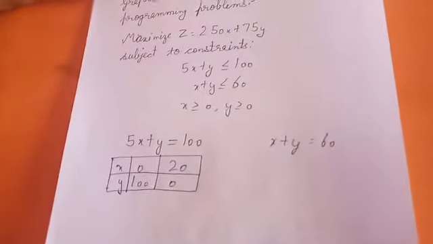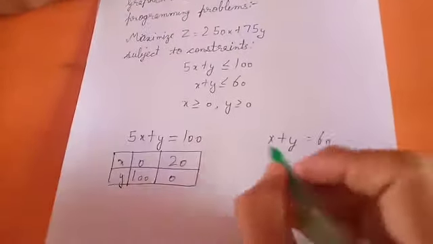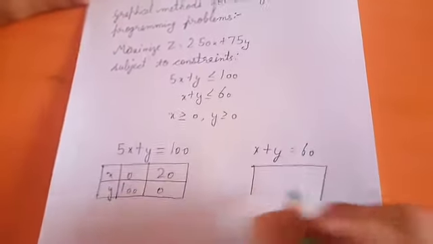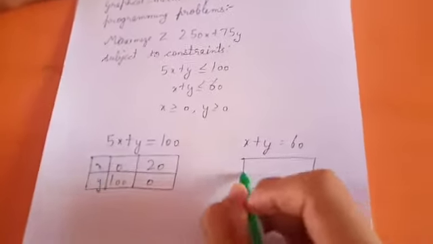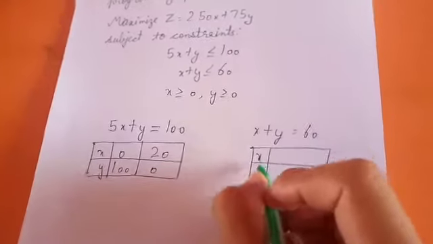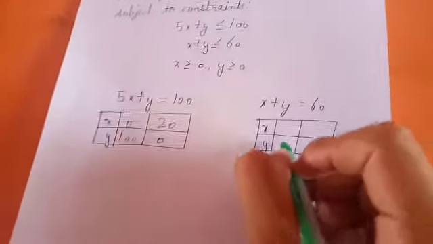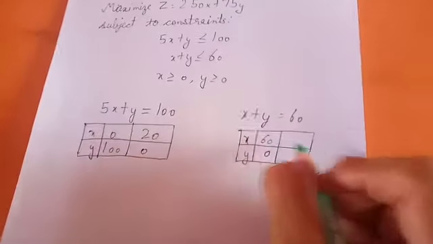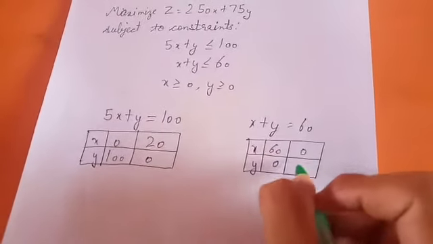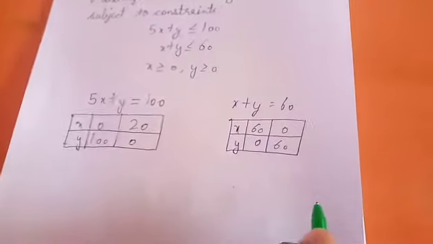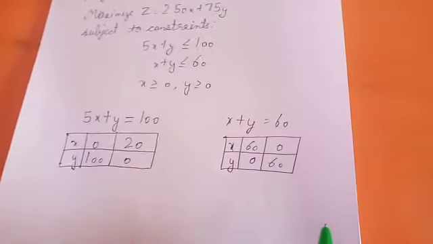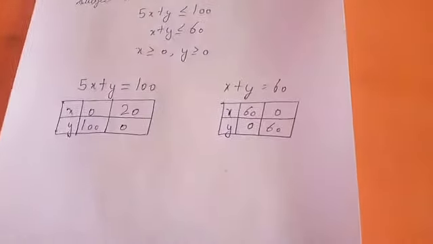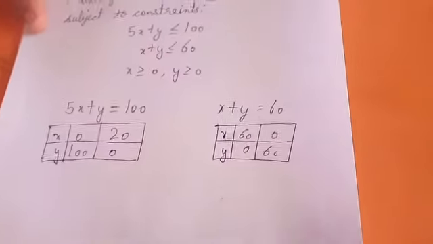Okay, we are not doing anything else. So again we will use the same. We will draw a table. First we will put the value of y as 0, then we will get the value of x as 60. Similarly, when we put x as 0, we will get y as 60. Okay, 2 points are more than enough to draw our graph.